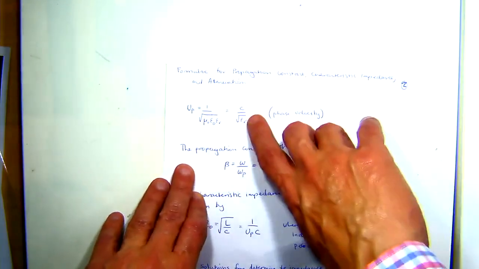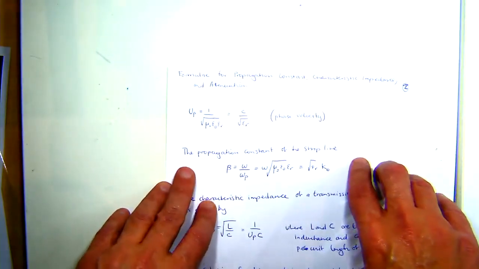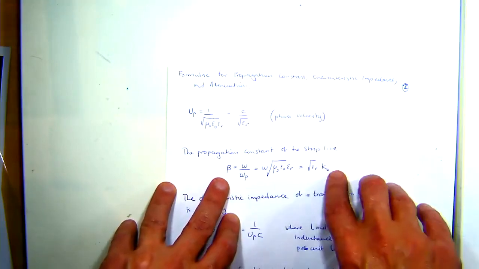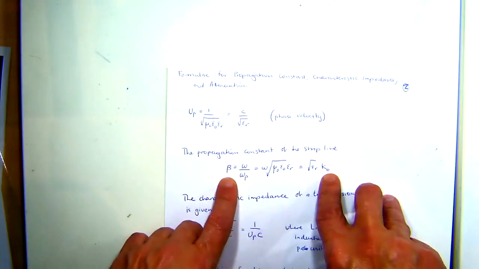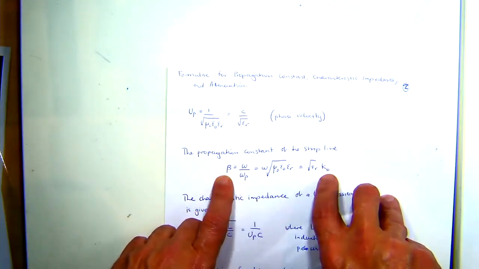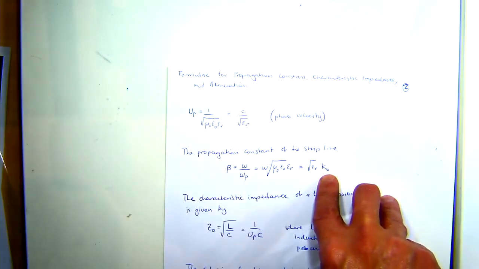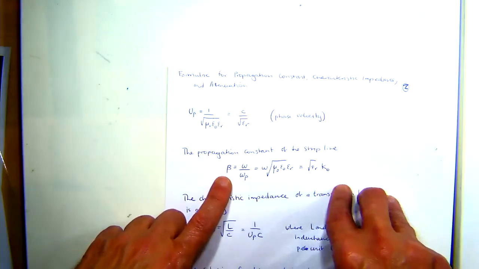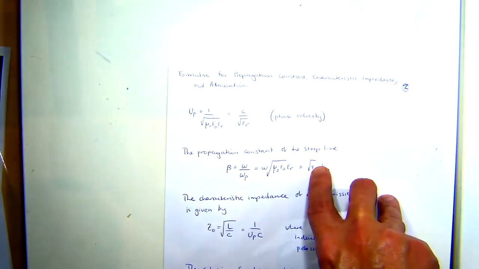So if you've got your phase velocity, you also know that there's a propagation constant, which in vacuum is just k, and in a medium with a permittivity not equal to that of free space, it also tells you that the wavelength changes, right? So rather than having 2 pi on lambda, you've now got 2 pi on lambda multiplied by the square root of epsilon R, because all of a sudden the wavelength has changed in that medium.